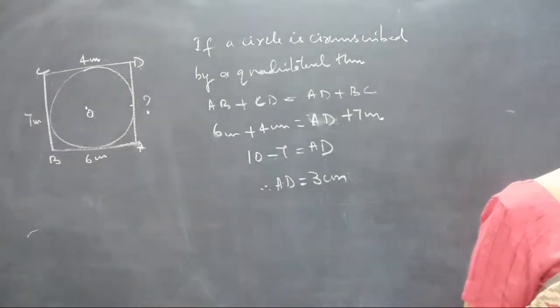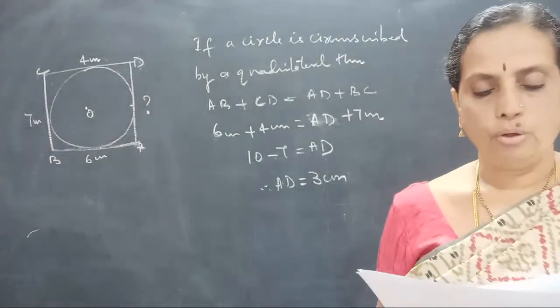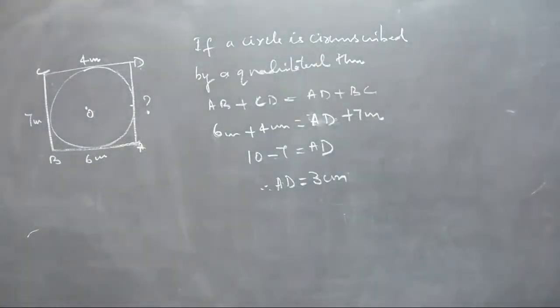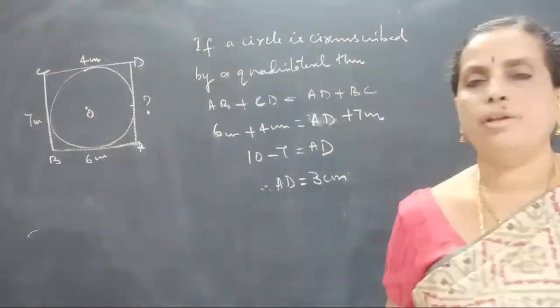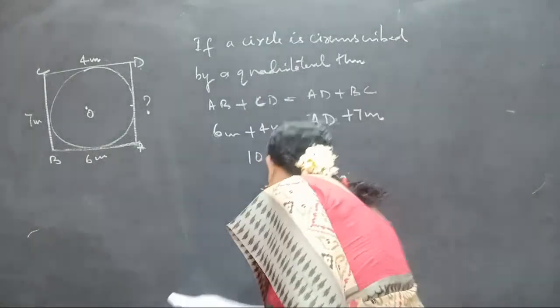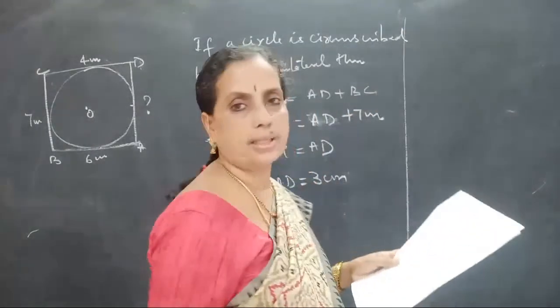In the 10th question, it's not angle TPQ, it is angle TRQ. Do the correction. TPQ is given, so we have to find out TRQ. So get the correction in your worksheet and now take the figure. I think this question I already discussed.